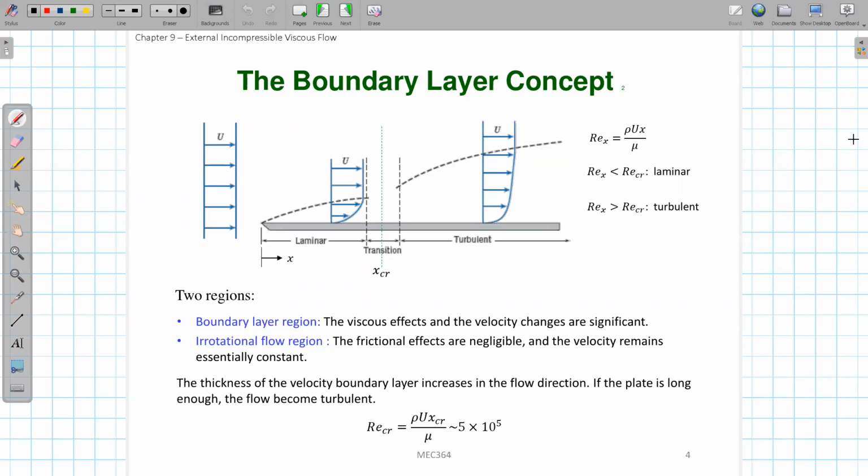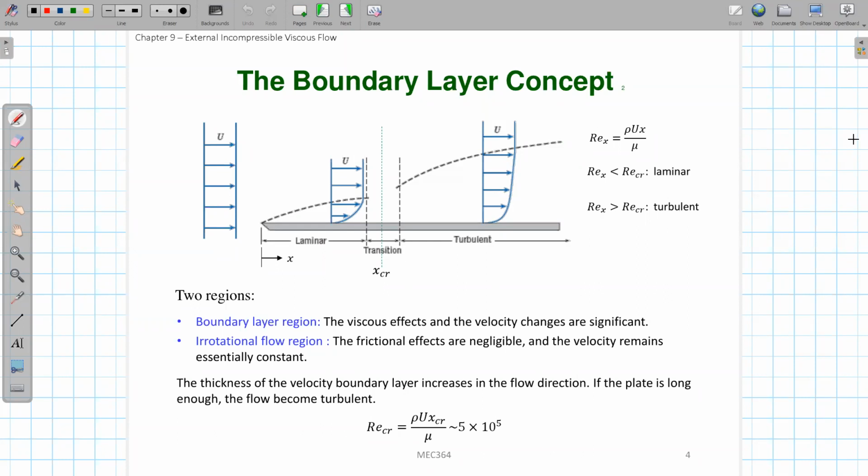We only see the velocity gradient inside this thin layer. Because we only have the viscous stress due to the velocity gradient, we only see the viscous effect inside this thin layer. This thin layer we call the boundary layer.